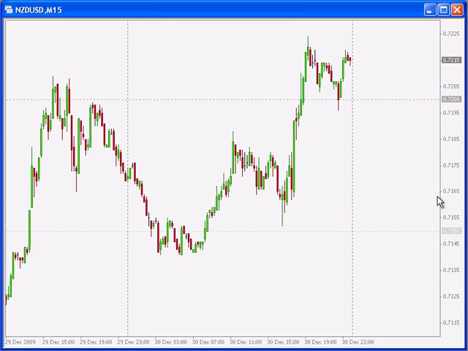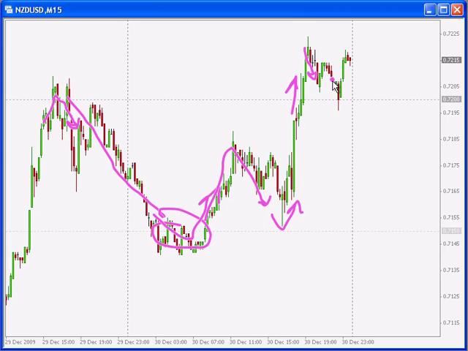So again, please take a look at how we can indeed map price action from an intraday point of view, just by analyzing price reaction at those round numbers. Again, bounce, comes back down to the next one, bounce, pullback, bounce, breakout, pullback, bounce.